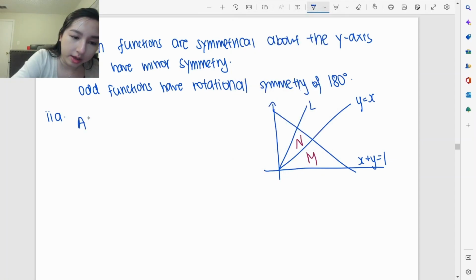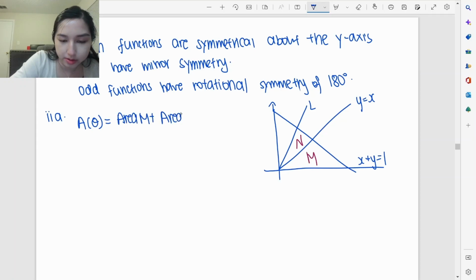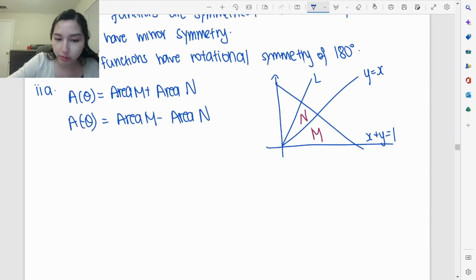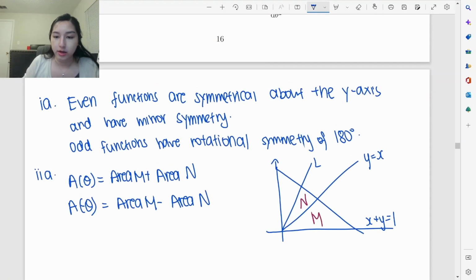So A theta is equal to area M plus area N, whereas A negative theta, so it will look like this, is actually the subtracted version, equal to area M minus area N. We also probably should figure out what area M is.